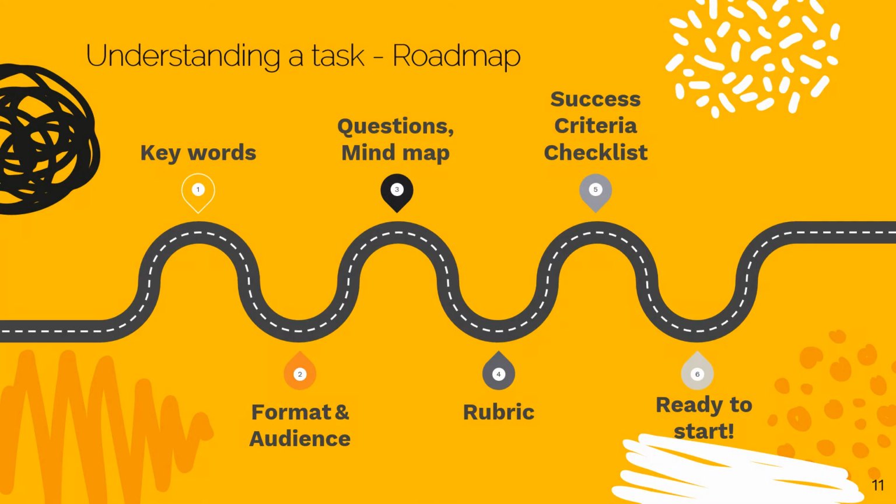So just to return to the 5 steps that we need to do to understand a task, and just to say them one more time, we need to find the keywords in the assignment task. We need to notice the format and audience that is required.